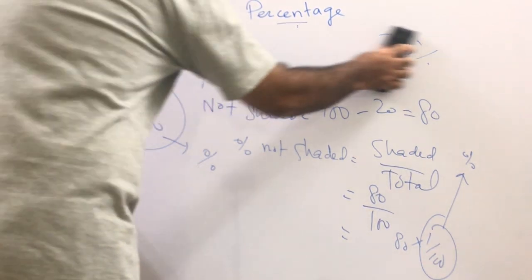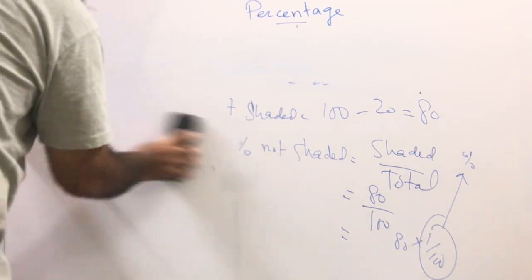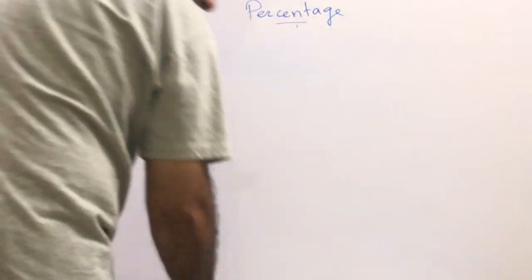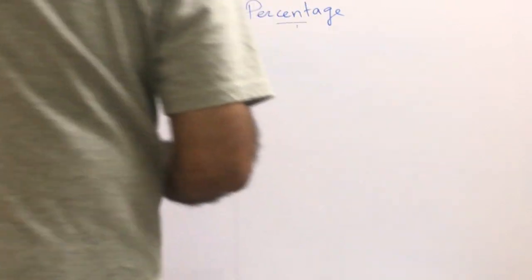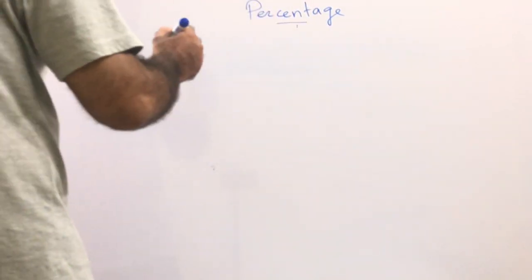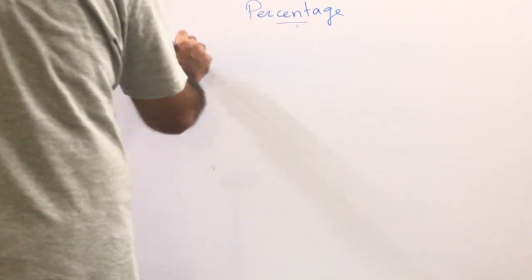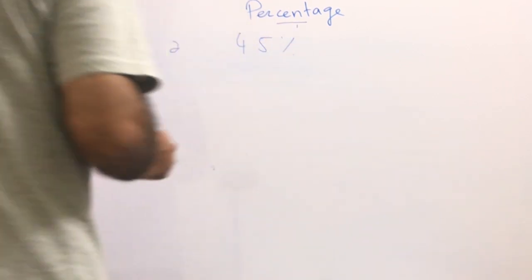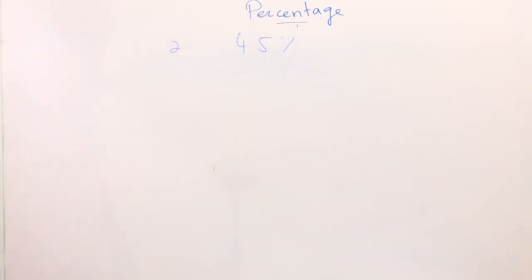It was very simple. Now we will move to the second question, page 94. Express 45% as a fraction. 45% is given and we need to change it into a fraction.